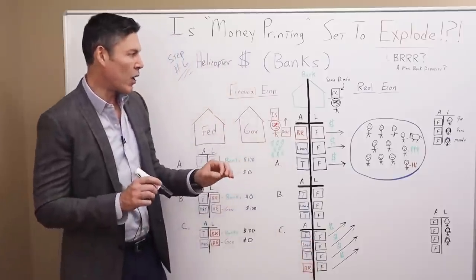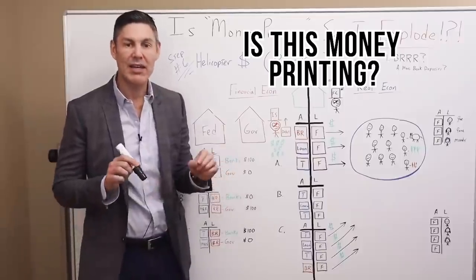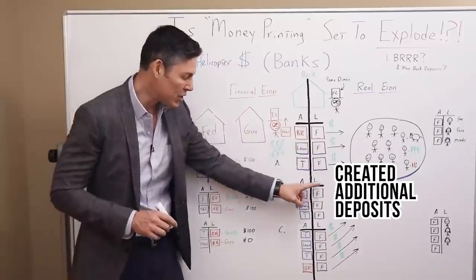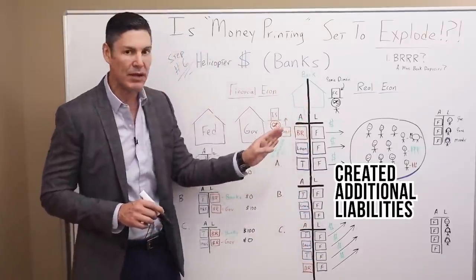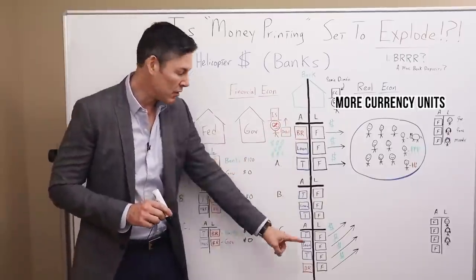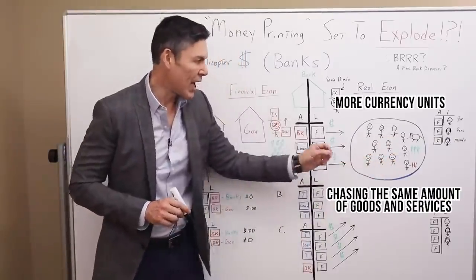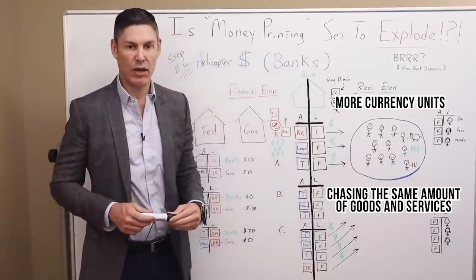So to answer the question, is this money printing? I would say yes. Why? Because we've created additional deposits or additional liabilities of the commercial banking system. In other words, more currency units chasing the same amount of cattle, corn, wheat, goods and services in the real economy.